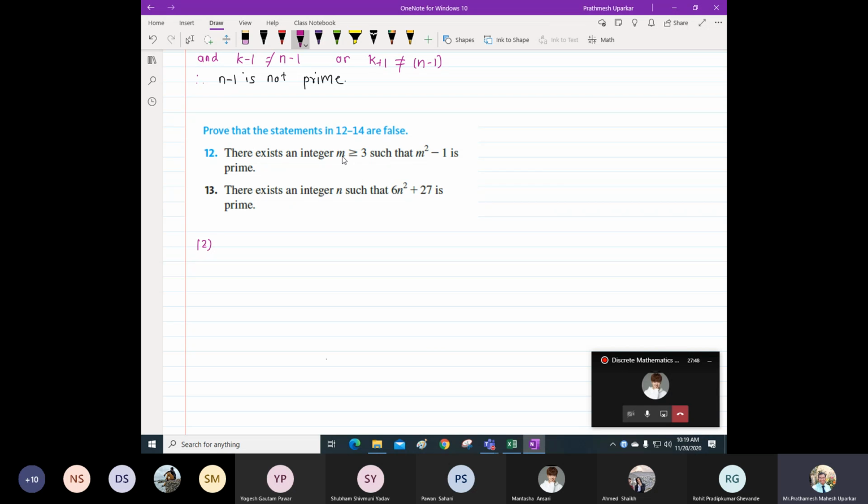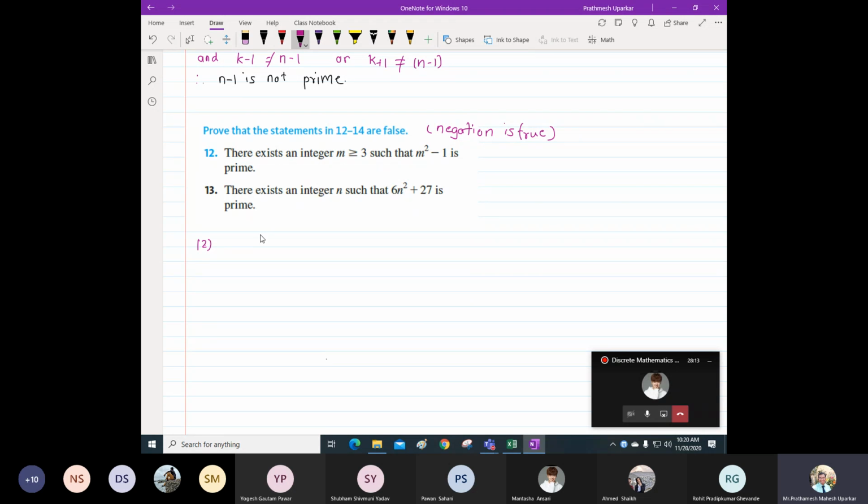So false prove करने के लिए हमने क्या किया था कल? We have to show that their negation is true. So given statement is false मतलब क्या है आपको? आपको show करना है कि negation is true. What is the negation?